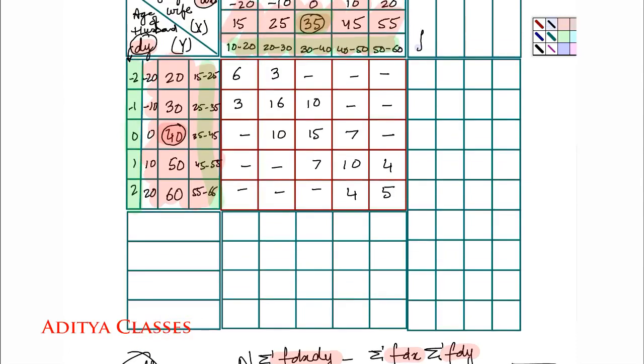I'll be needing an f, then f dx dy, and because we have y over here, I'll write f dy and f dy square.